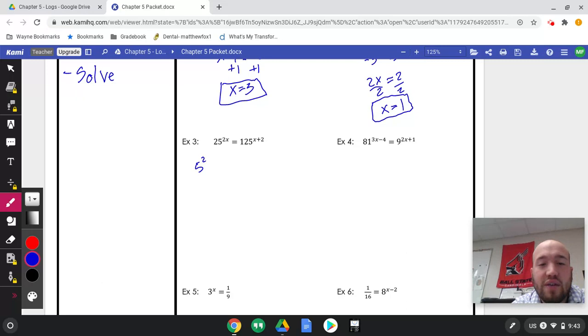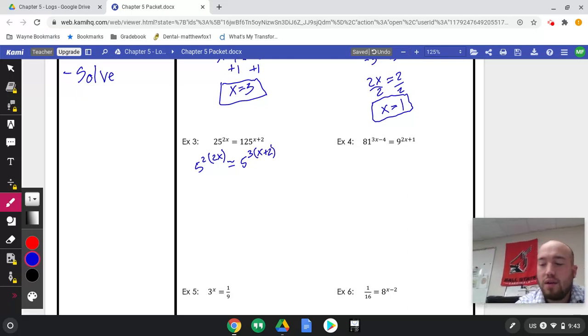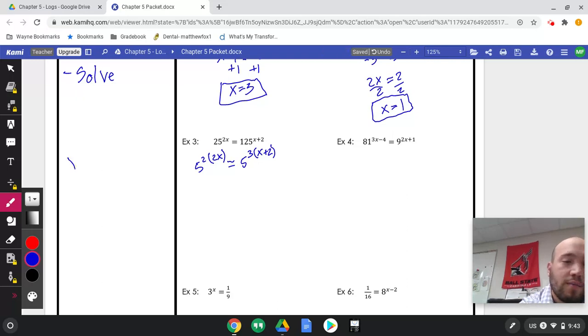That's the same as 25. However, it was already raised to 2x, so I need to put parentheses and 2x. And likewise, 125 is 5 to the third. We have to put parentheses and then x plus 2 because that was already up there. Anytime that happens, you can just use your parentheses and then distribute.